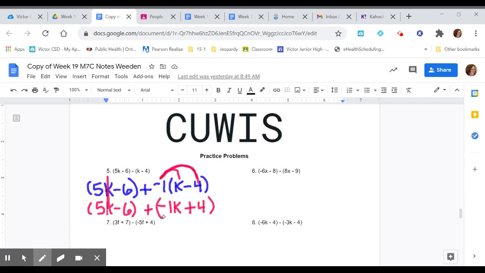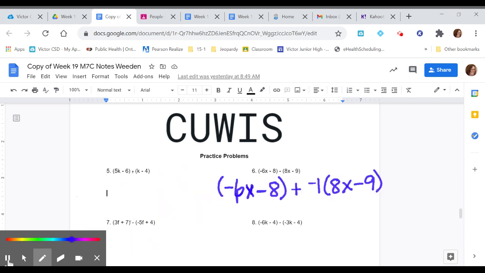And you can choose to keep this in parentheses. Then we can go ahead and combine our like terms. 5k minus 1k, or -1k, is 4k. And then a -6 and a +4 gives us -2.